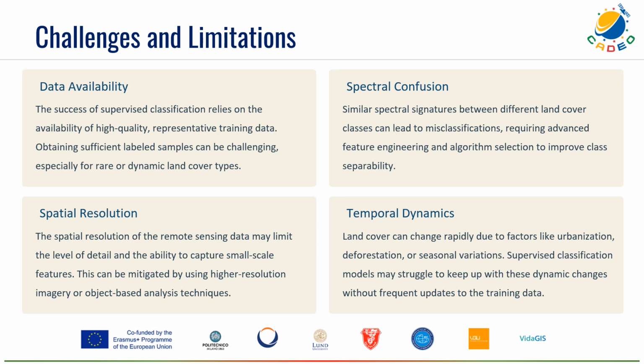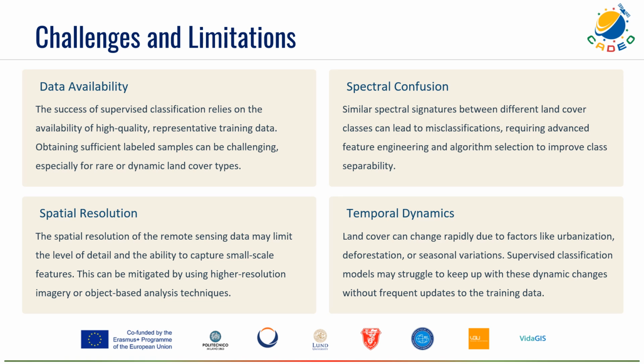Coarser resolution imagery may be unable to capture the nuances of smaller landscape features, while high-resolution data can introduce computational and processing challenges. Consequently, the choice of appropriate sensor and spatial scales is crucial for meeting the specific requirements of the application at hand.